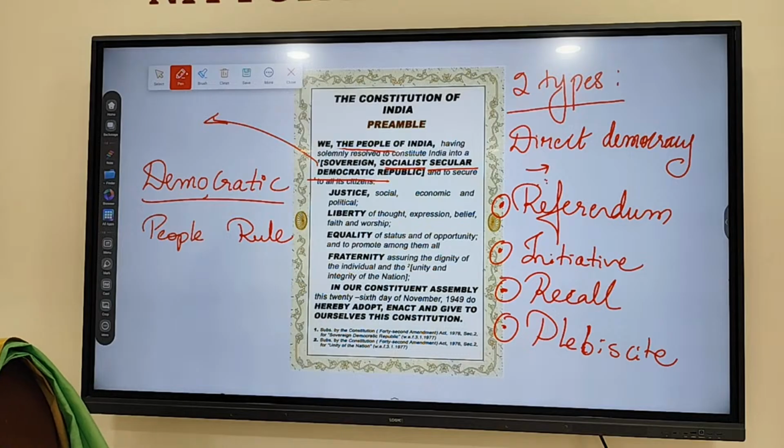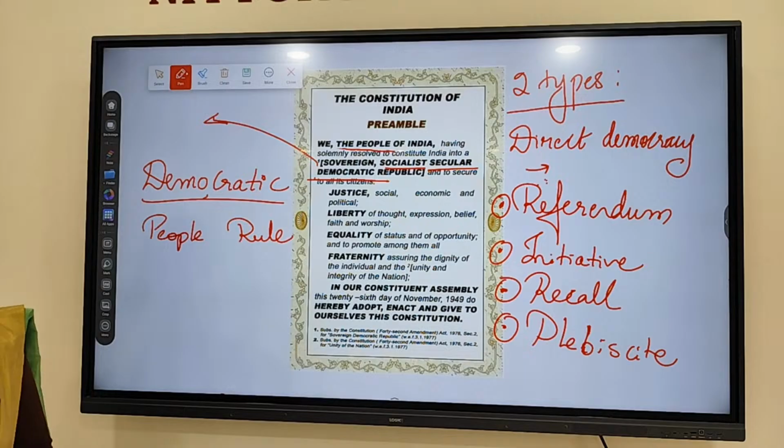Next one, plebiscite, last one. Write down.